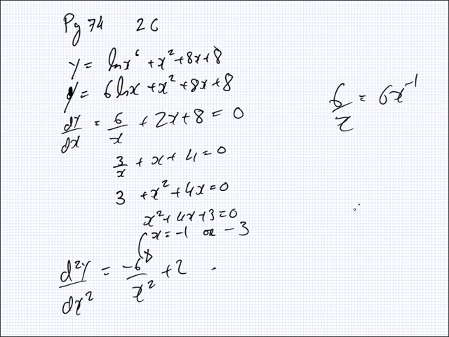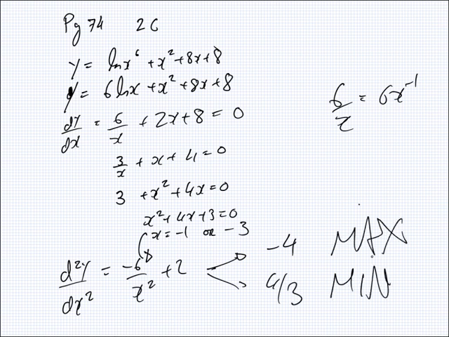So if you put in minus 1, it's minus 4. And if you put in minus 3, you'll get minus 6 over 9, which is 4 over 3, isn't it? Yeah. So this is the min answer, and this is the max answer.